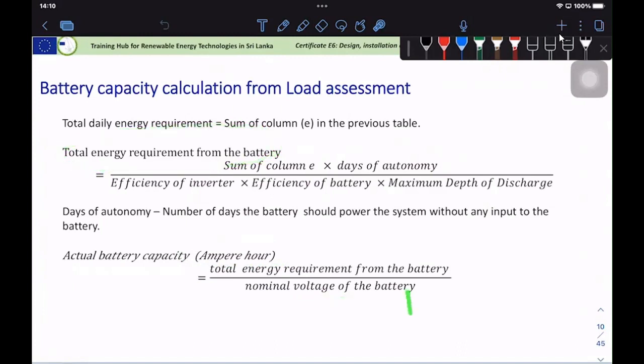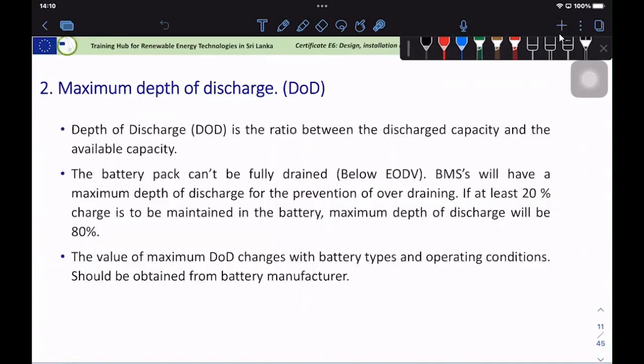We will have a look at how to decide this nominal voltage of the battery also. It can be a 12-volt battery, 24-volt battery, or 48-volt battery. So let's move to each parameter.